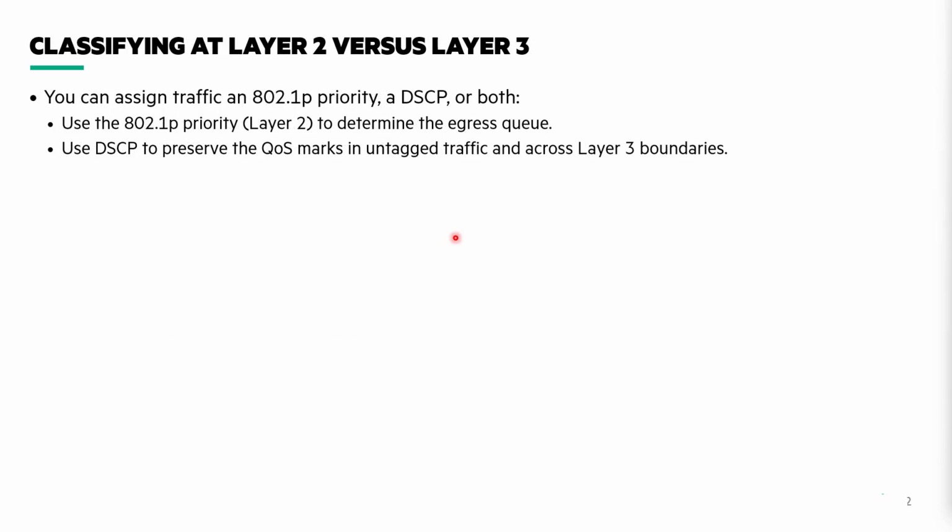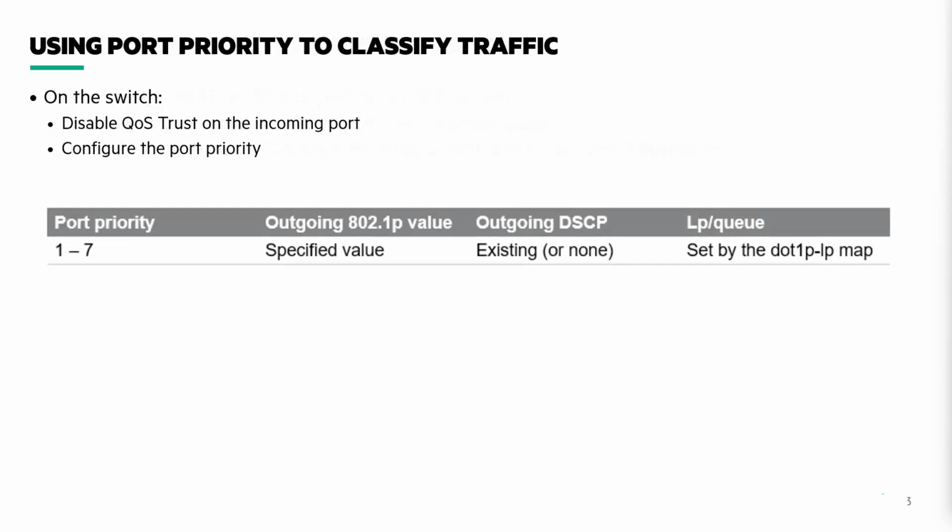Now I can classify at layer 2 or layer 3. So you can classify your traffic based on 802.1p or DSCP at layer 3. Layer 2 is 802.1p, as we have seen a few slides ago. And layer 3 is differentiated services code point, where you can look at the layer 3 value. So again, on the switch, you can disable the quality of service trust on an incoming port.